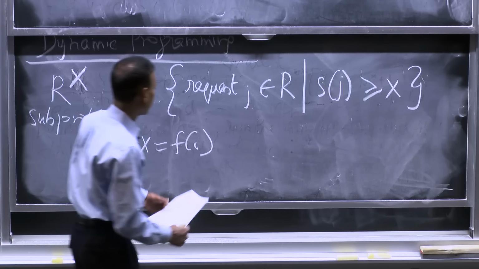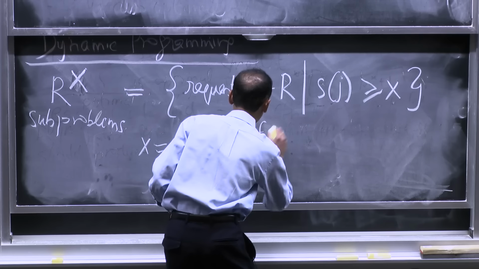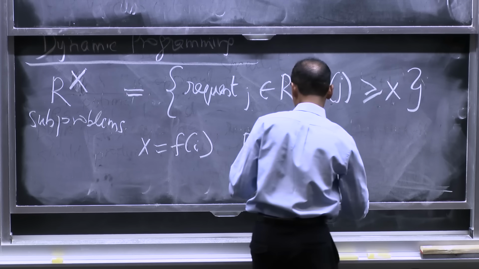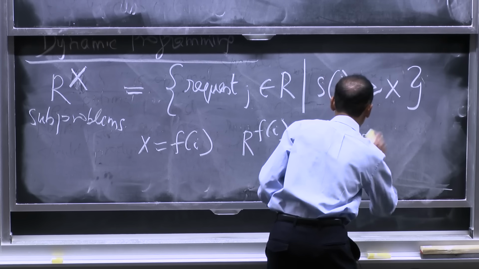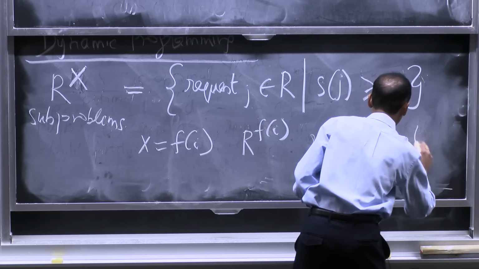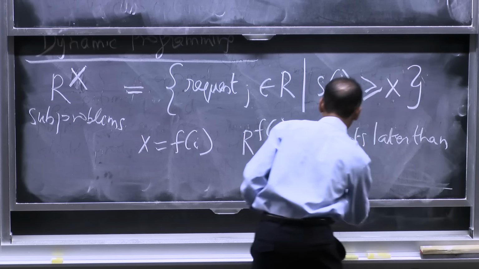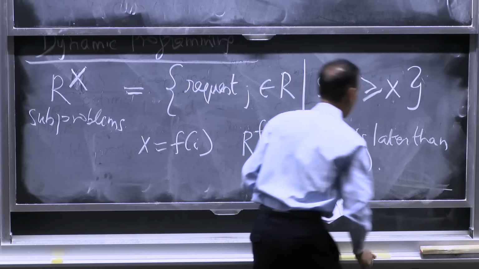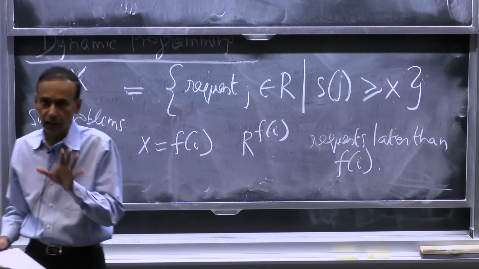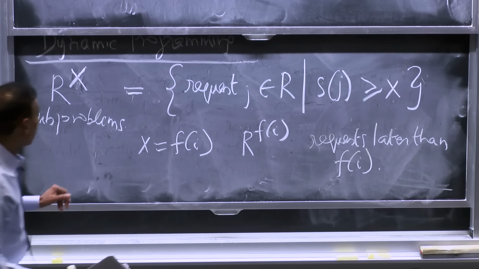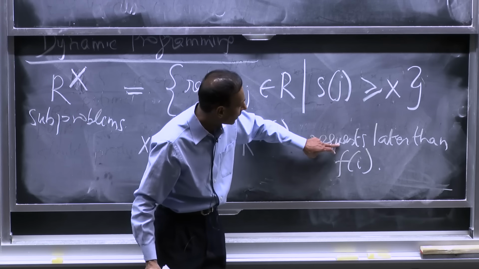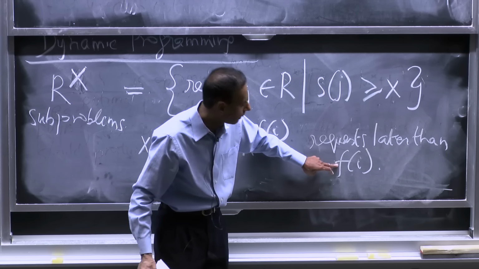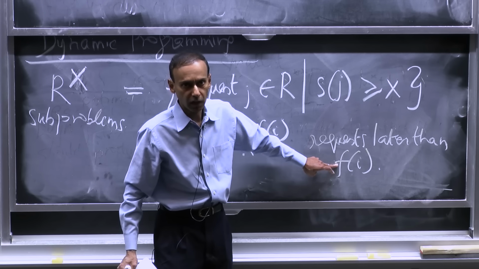So R of f_i would simply be the requests later than f of i. And there's something subtle here that I want to point out, which is that R of f_i is not the set of requests that are compatible with the ith request.